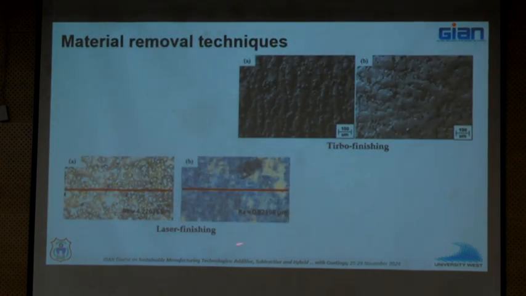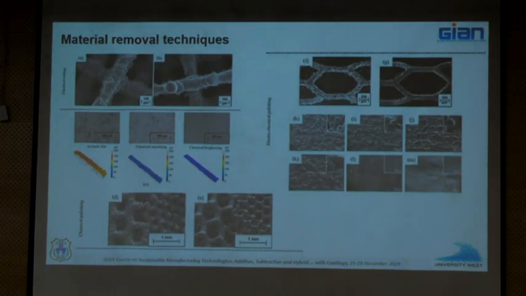I spoke a little bit about laser. There are guys who do so-called laser finishing or texturing to try and reduce this kind of roughness. There is some tribo finishing as well. Sorry for the typo here, but this is also done by several groups.